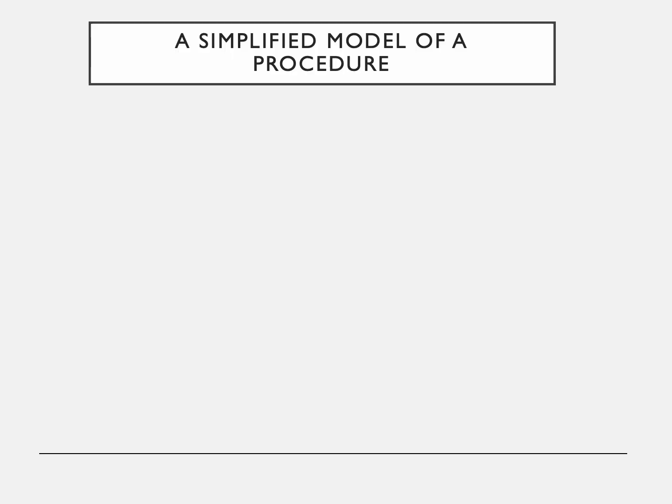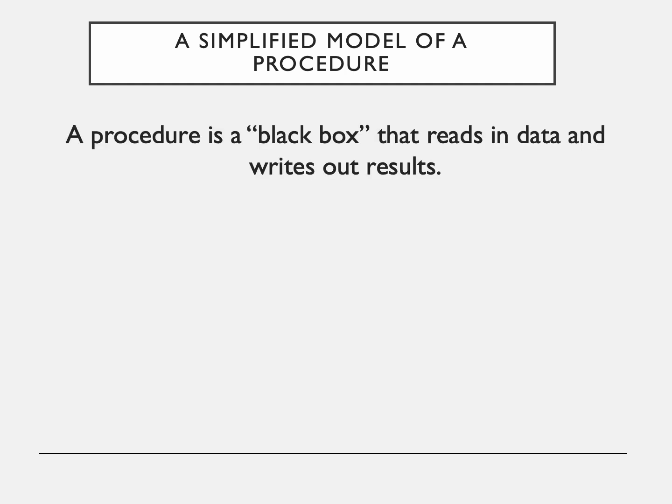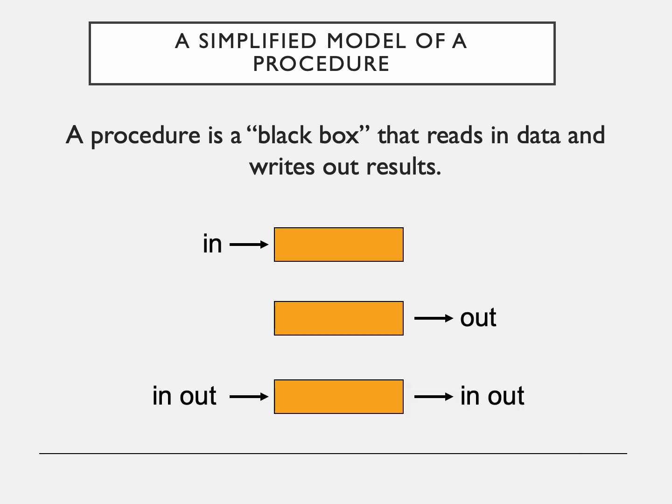Okay, now let's take a look at a model for understanding procedures in programming, the black box model. Here, a procedure in the simplest terms is like a black box in an engineering context.